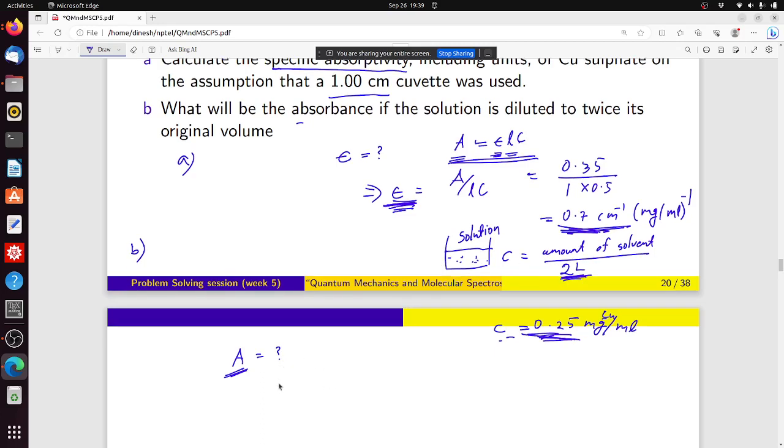So direct formula, A is epsilon C L. Epsilon we have from question number A. C is changed now to this, length is 1 centimeter. Okay, so if we put in all these values, 0.7, concentration is 0.25 now, length is 1 centimeter, this will give us 0.175.